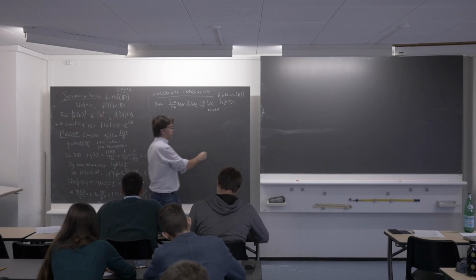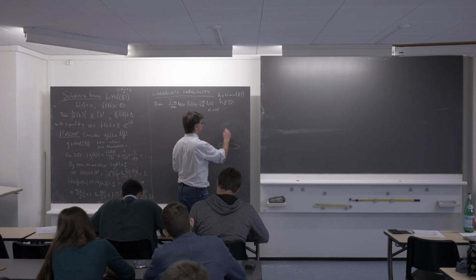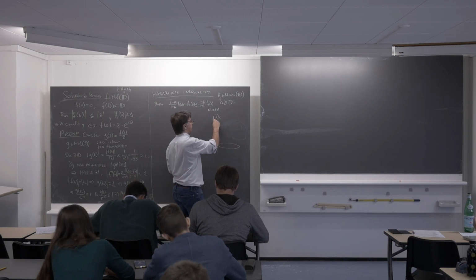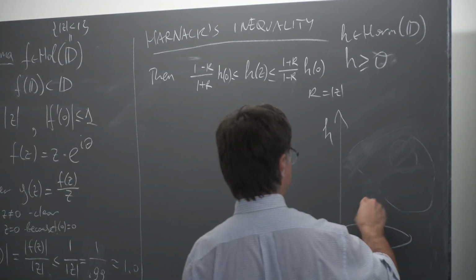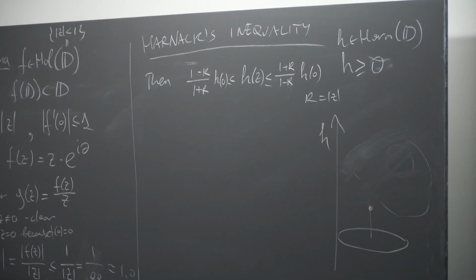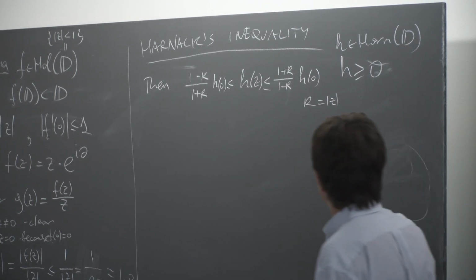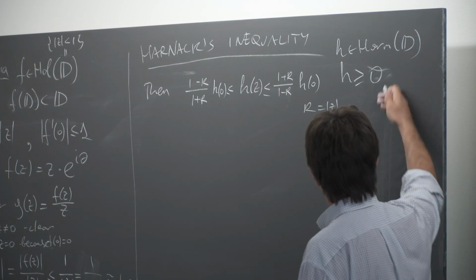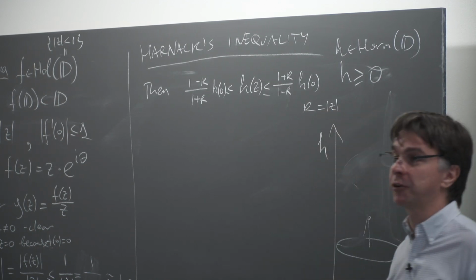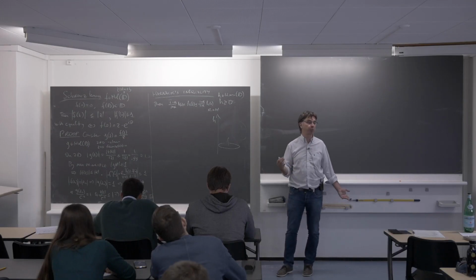So basically what it says, suppose you have a disk and you have this function h, and it has some value at 0. Normally if you have any function, it can behave as it wishes, be very large, very small. Now what happens with the harmonic function? A harmonic function has the mean value property.